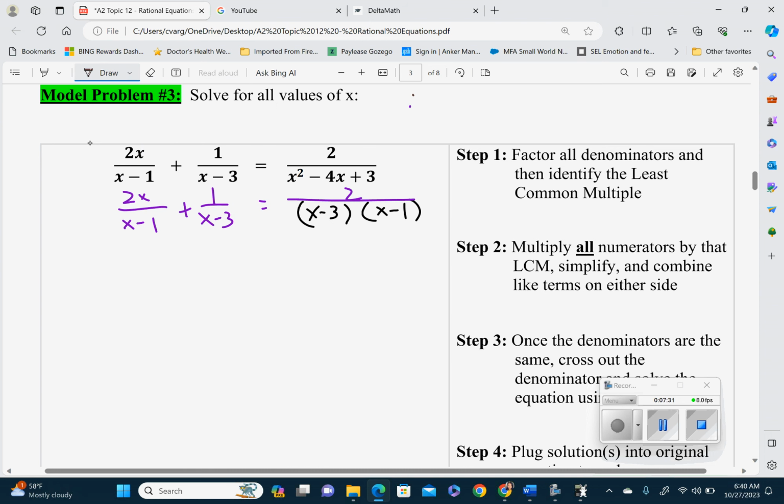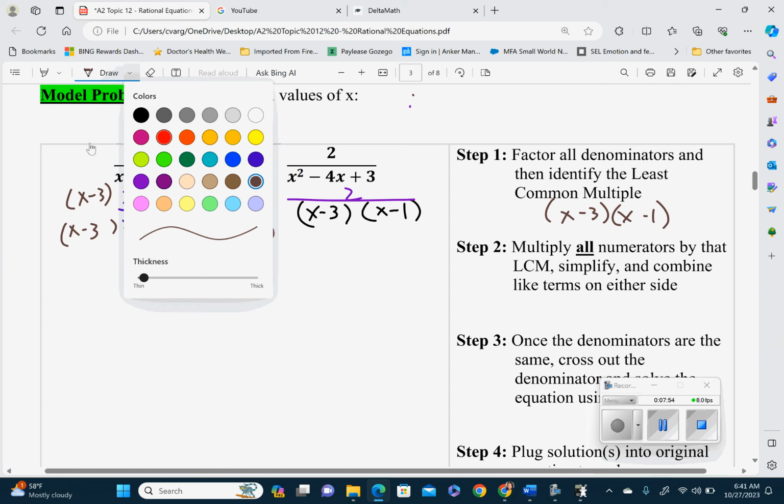So here I have the x minus 1, so our least common multiple is x minus 3 and x minus 1. It's both of them. So here I have the x minus 1, so what's missing? x minus 3. Whatever I do to the bottom, I do to the top. Over here I have the x minus 3, I'm missing the x minus 1. x minus 1.